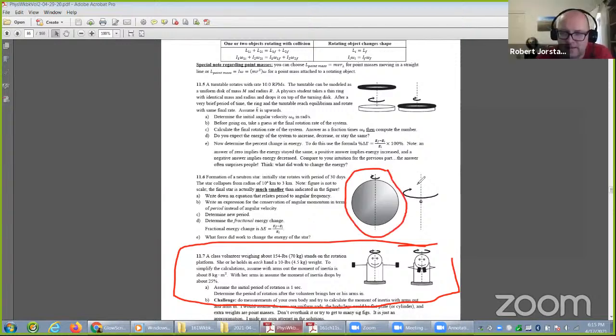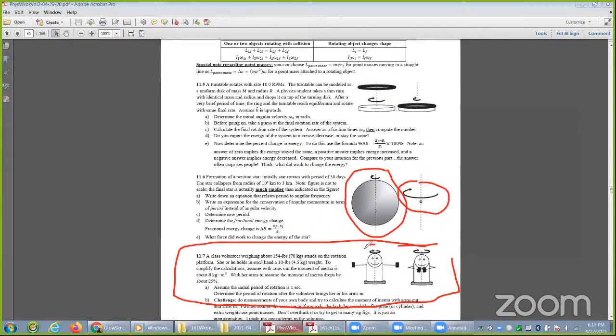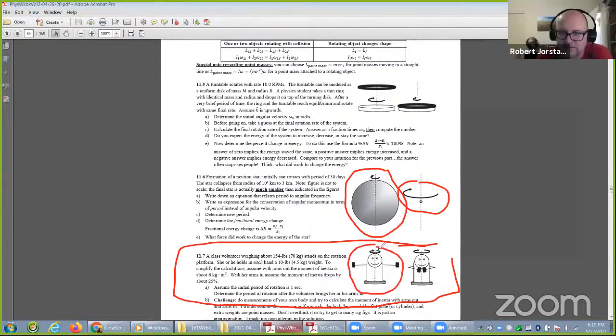Yeah, so here I have an object that changes shape while rotating. It's like the figure skater that's closing his arms or her arms as they skate. And so these problems right here use this second form where you have one object, you calculate its initial and its final moment of inertia, and that allows you to get a relationship between either the periods or the rotation rates.